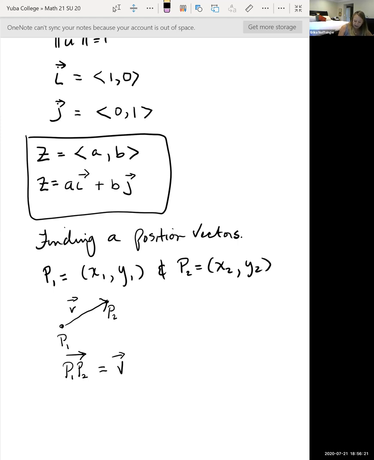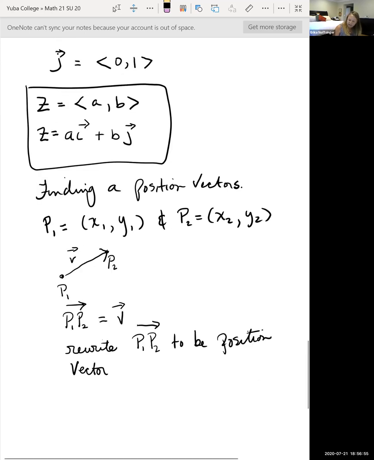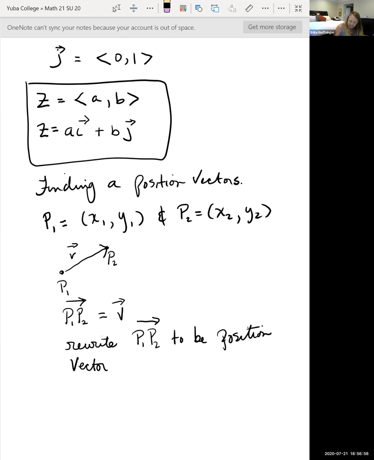So to rewrite it, P sub 1, P sub 2, to be a position vector, what you're doing is you're subtracting your x values.